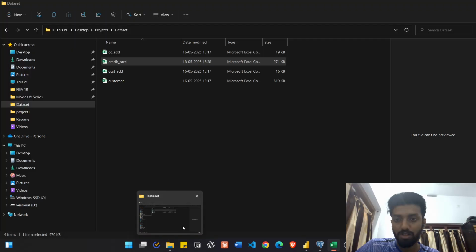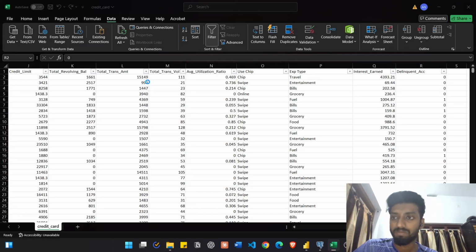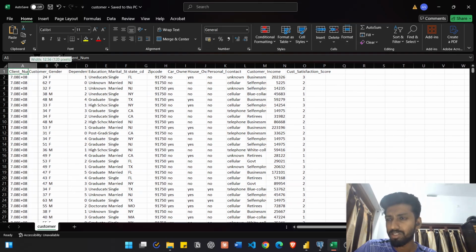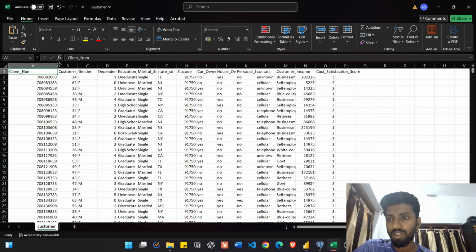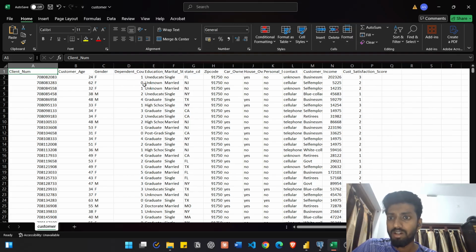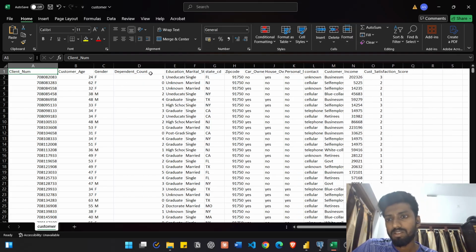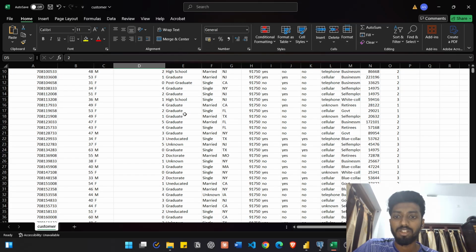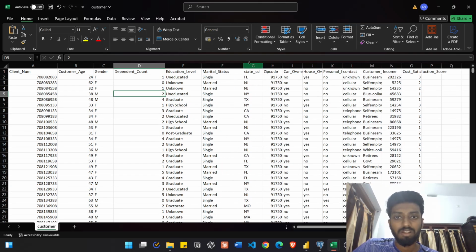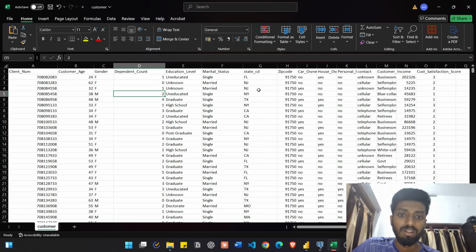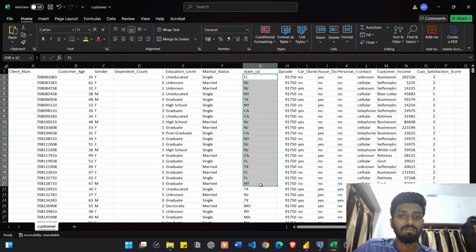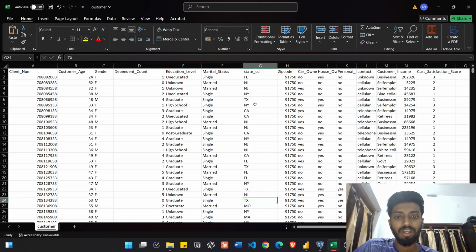Then let me show you the customer details. This is pretty simple and straightforward. We have the primary key, then the customer age as the second column, the gender, and the dependent count, which is how many members are in the family. Then we have education level, marital status, then the state. The data set is from the United States, so the states are abbreviated.